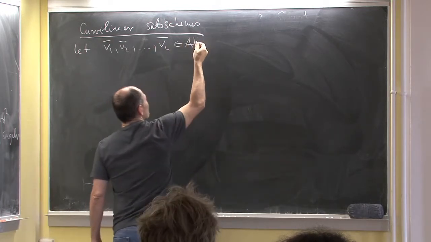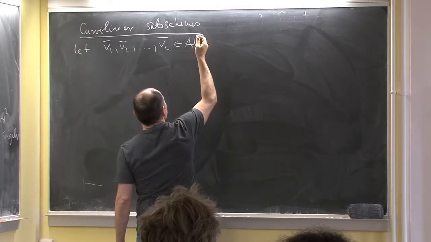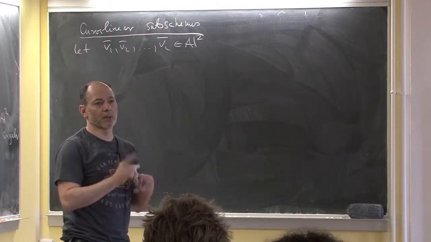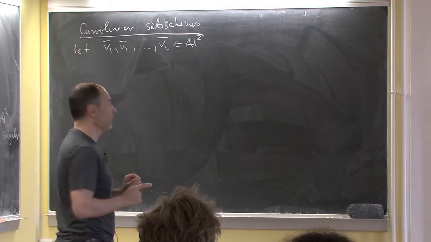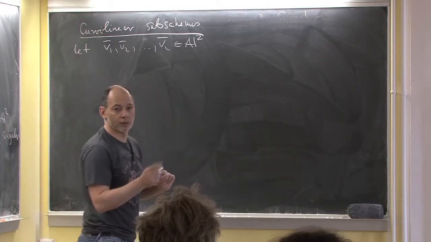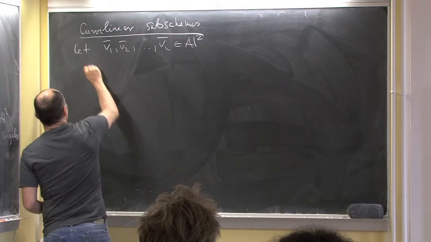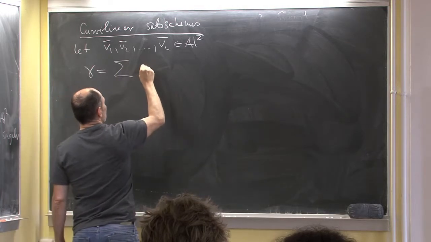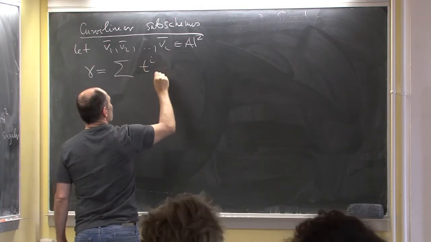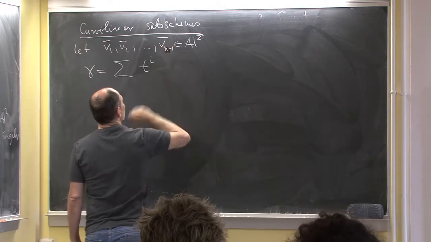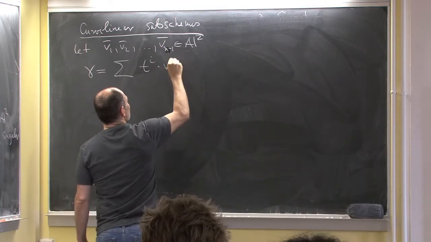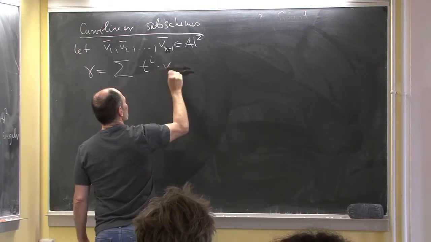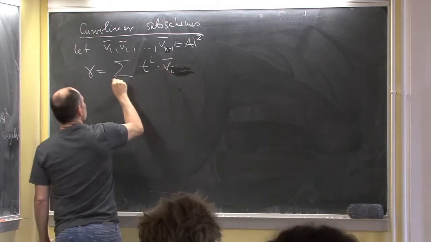We think of them not quite in affine space, I'll call it A2, but as vectors. These are going to be the velocity vectors, the derivatives, of an actual honest curve. So let's consider gamma, a parametrized curve, and it looks like this: the sum of t to the i times Vi, where i goes from 1 to n-1.